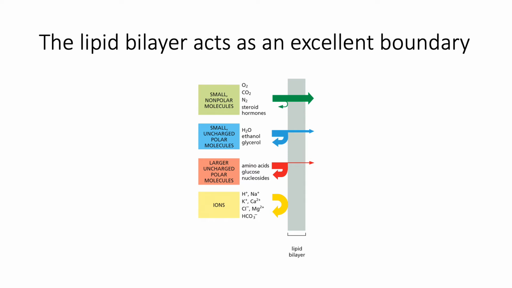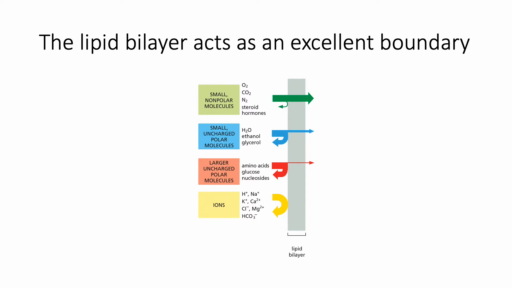So here we're looking at a diagram which describes which molecules can flow through the membrane and which cannot. And again, this is all based on the hydrophobic interior of the membrane. So small nonpolar molecules can easily pass through the membrane. They have no charge. They can make it through the internal nonpolar region.